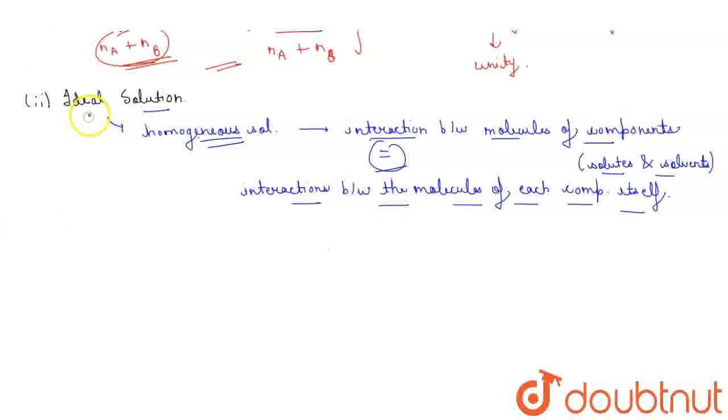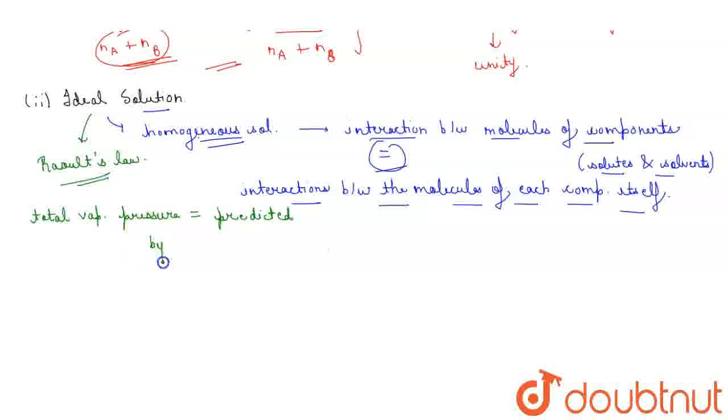Now, it also obeys Raoult's law. So, for a binary ideal solution, the total vapor pressure of the solution is equal to that predicted by Raoult's law.